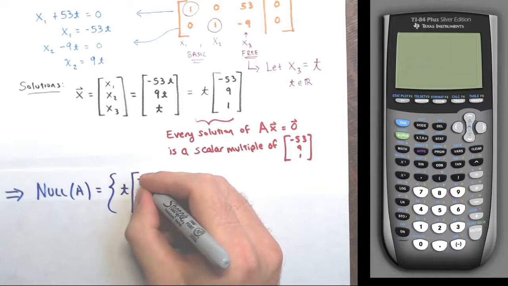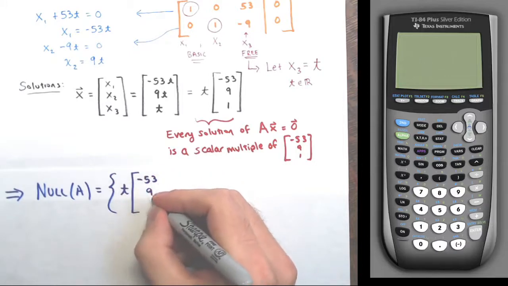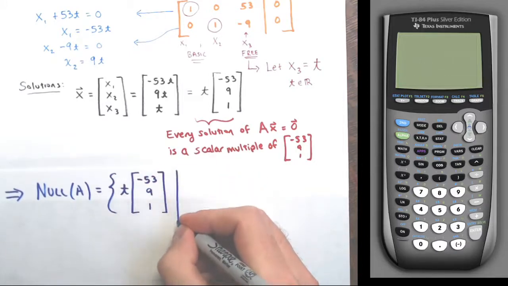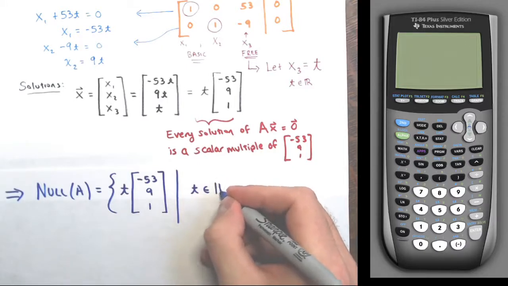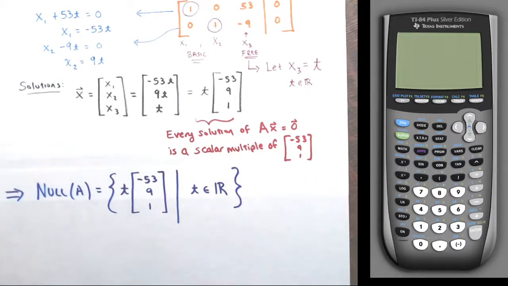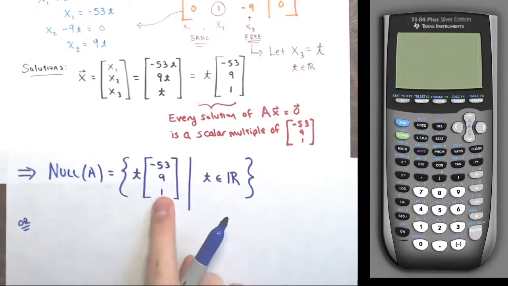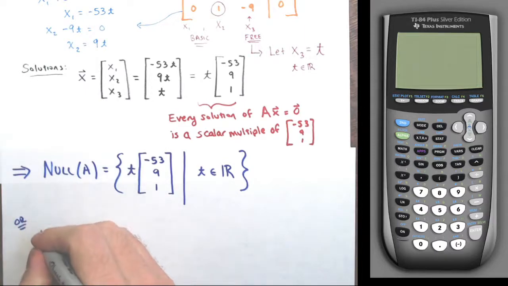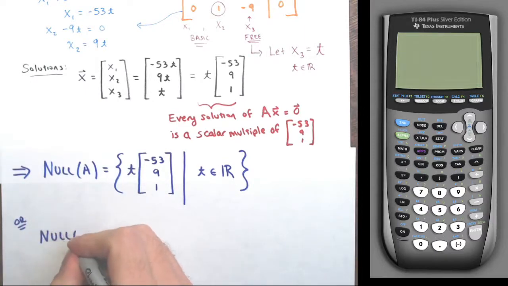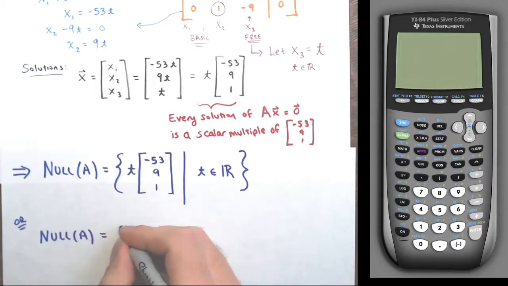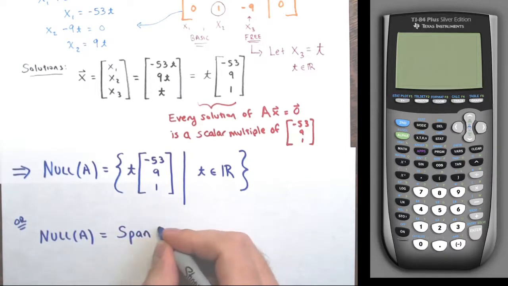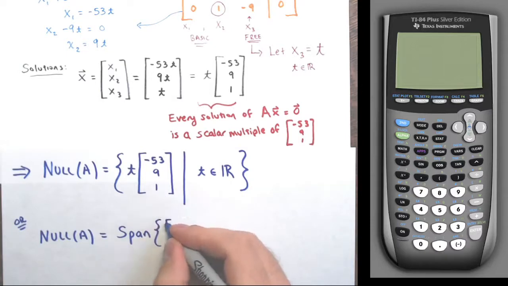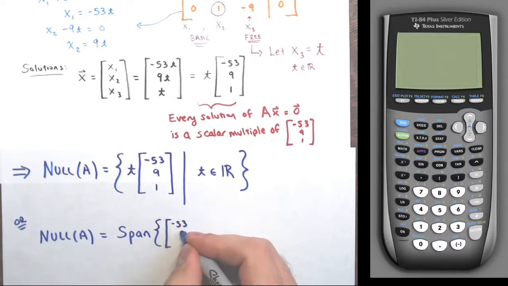Some number t times the vector negative 53, 9, 1, such that t is real, is a scalar. I could write it that way, or this is the set of all linear combinations of this one vector, all scalar multiples of this one vector. So that is also, you could write the span of that single vector. Right? The span of the set with just that vector negative 53, 9, and 1 in it.